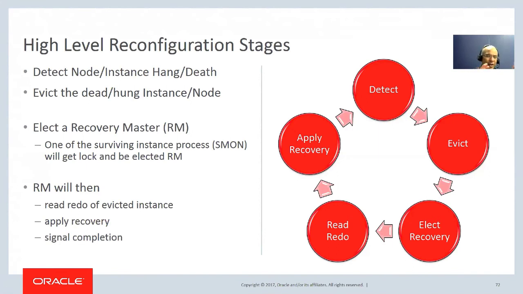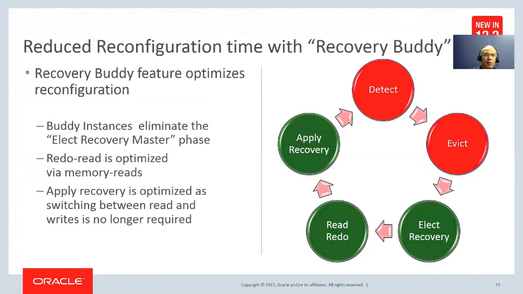So this is a very high-level step. And since this question was asked, there is a new concept called recovery buddy. We have this in 12.2. A recovery buddy attempts to reduce the reconfiguration time by optimizing some of the stages. What that means is we try to optimize certain steps.